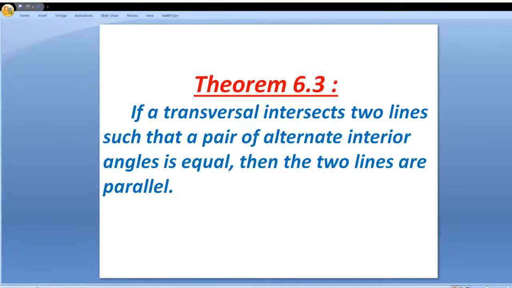Theorem number 6.3, that if a transversal intersect two lines such that a pair of alternate interior angles is equal, then two lines are parallel.